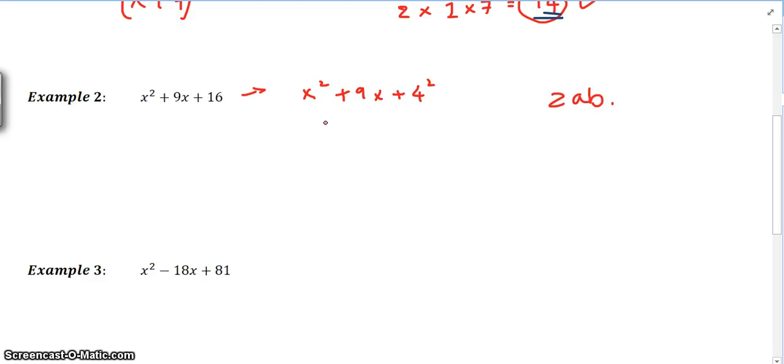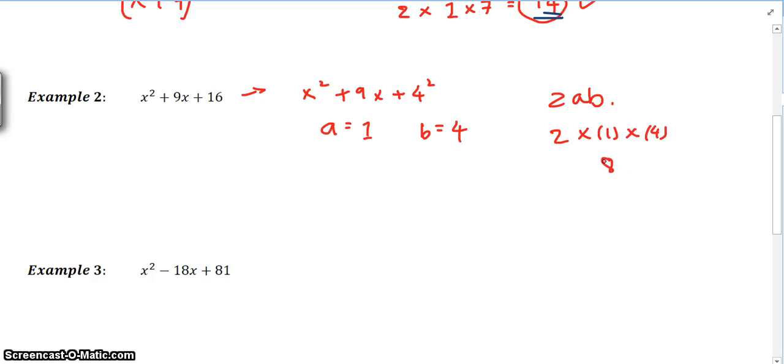The coefficient of x squared is 1, which is our value for a, and our value of b is 4. So what is 2 times 1 times 4?